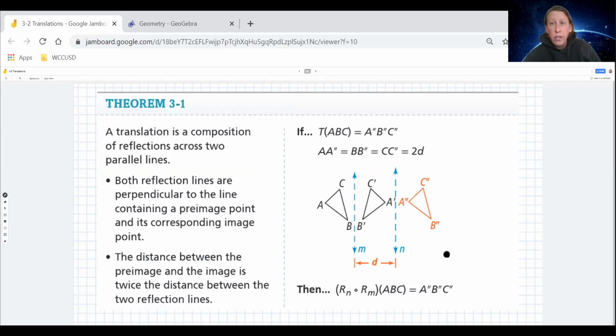So I don't know why you would do this, but it's an interesting idea, which is if I want to take triangle ABC and I want it to land over here, which would be really easy just to slide it straight over, right? But let's say I'm for some reason not allowed to use translations, I could reflect it and then I could reflect it again and that would get it to move over. That's all this is saying.